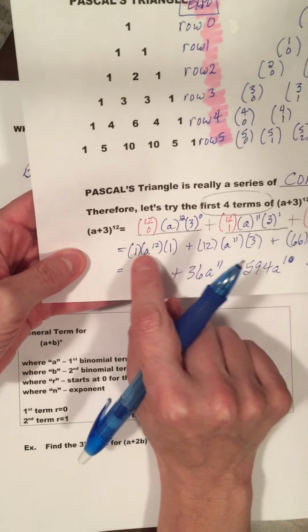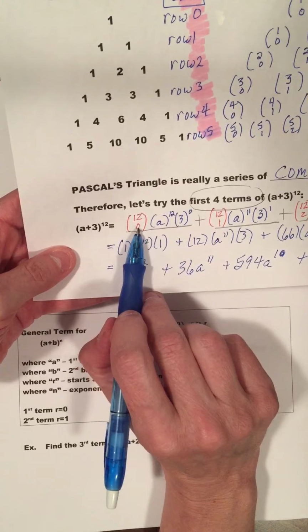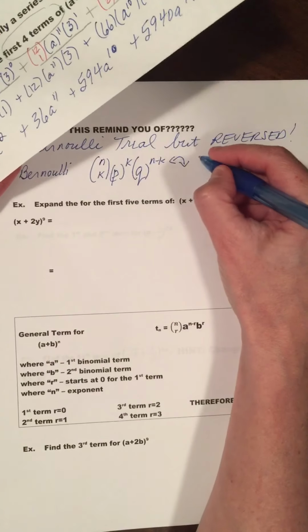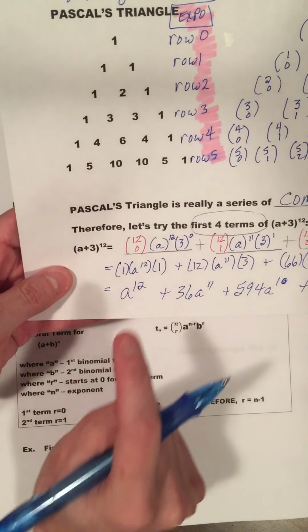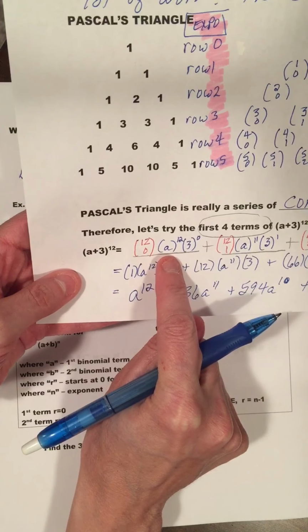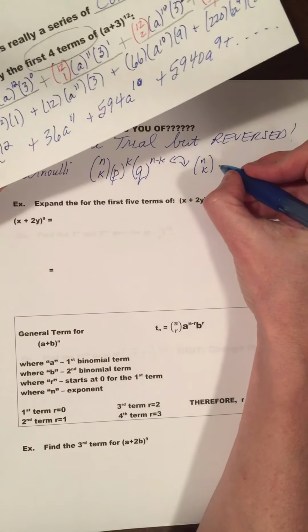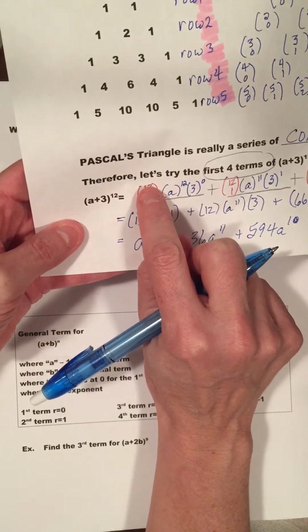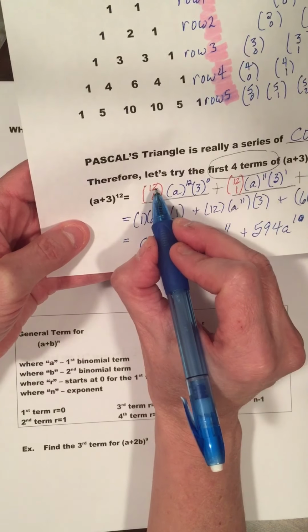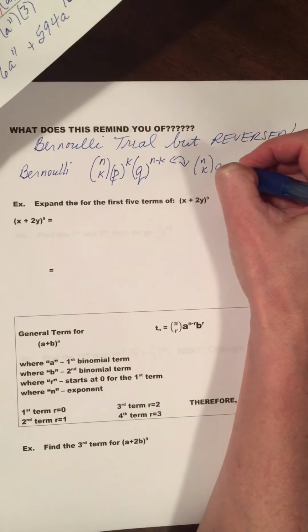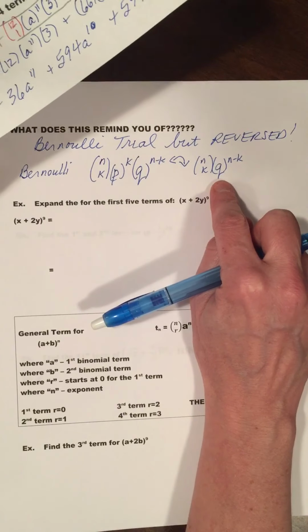Now, let's think of each of the terms in my binomial expansion. We've got a combination, number of trials, number of successes. We've got a probability of n minus k. Notice how this is a 12, so that would be your n minus k. So that would be this probability, like what we would call probability of failure.